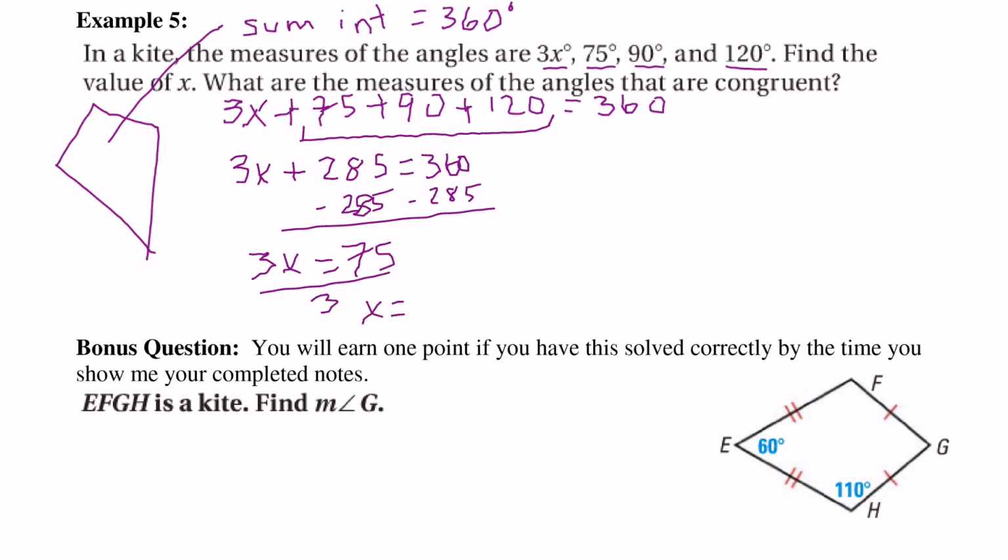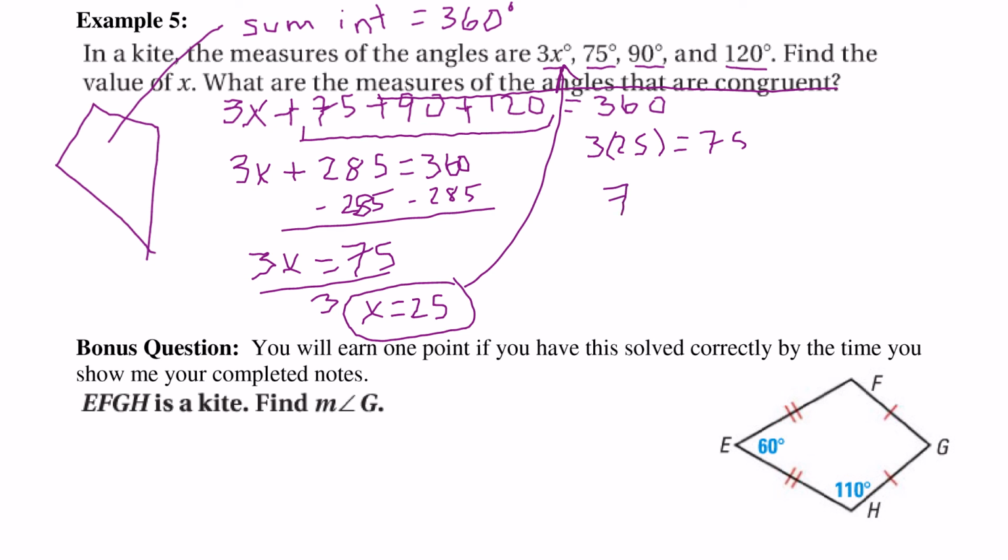It's asking what measures of the angles are congruent. So we need to put this back into the measurements, into our 3x part of that. So 3 times 25 gives us a 75. So the two measures that are congruent to each other are the 75 degrees. And the other measures I put on there, so 75, 90, and 120, so the ones that are the congruent ones are your 75 degrees.